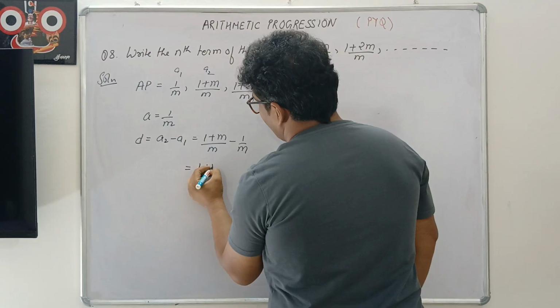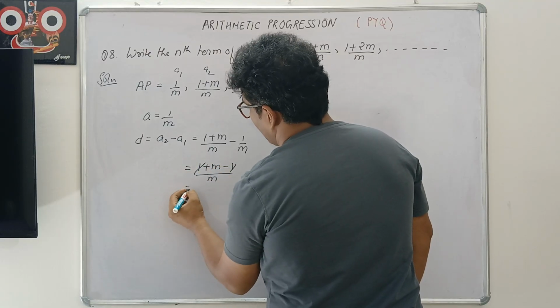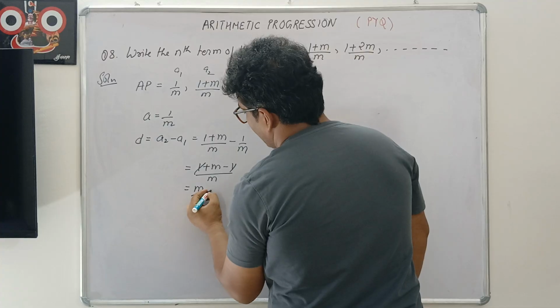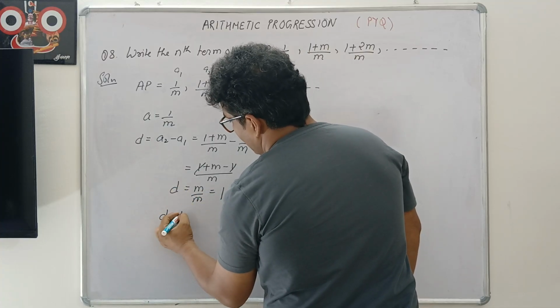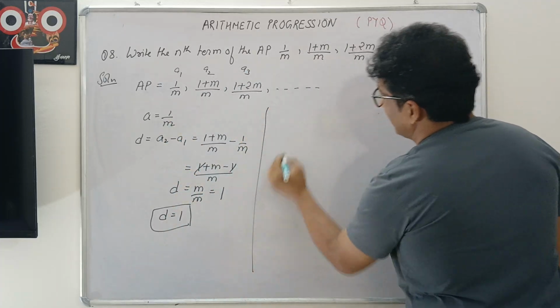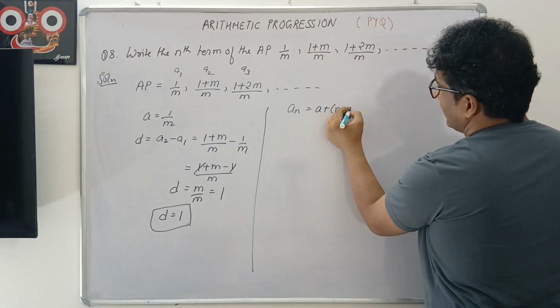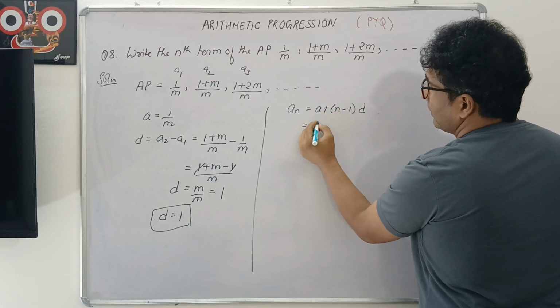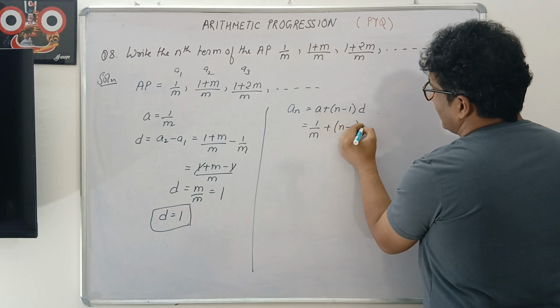So this comes around, taking this thing, m by m, that is 1. So your d is 1, correct. D is 1 and A is this thing. Then you have to find the nth term. Nth term is A plus (n minus 1) d. A is given, 1 by m plus (n minus 1) into 1.